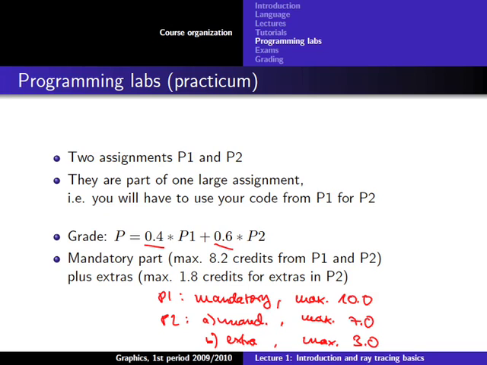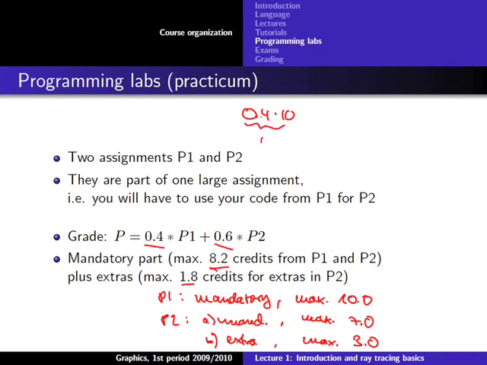So it looks like the mandatory part of P2 isn't really that much, but because of the different weighting, it works out that it's basically like last year. You can get around 8 credits for the mandatory part and 1.8 credits for this extra part. So if you look at it, the maximum for P1 is 0.4 times 10.